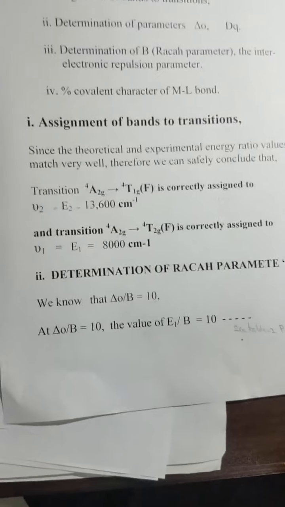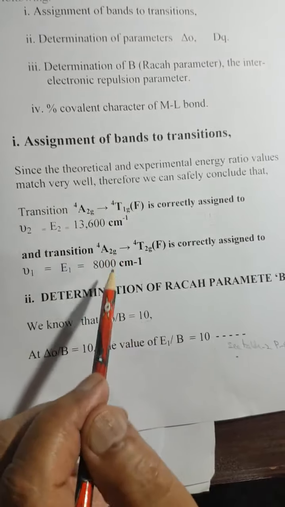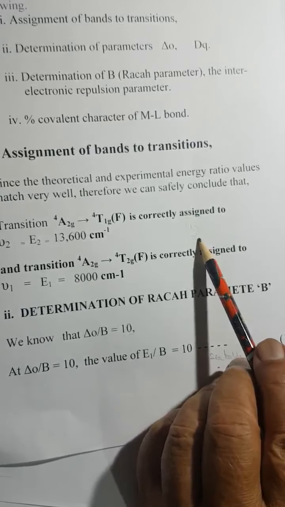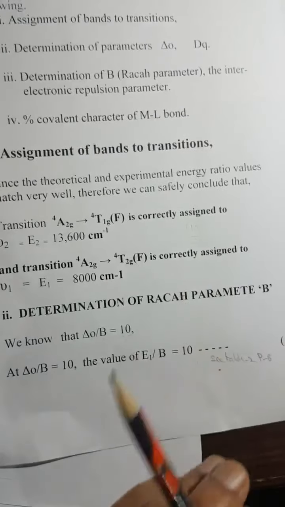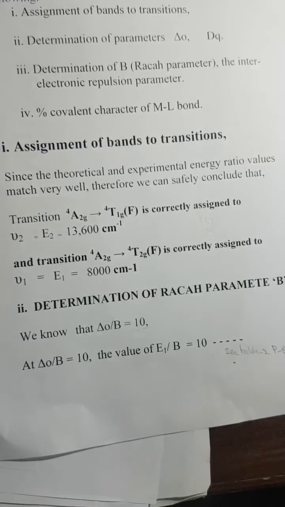In this case, the experimental value was E2 divided by E1, and the value comes to 1.7. For this value, we go to the table mu2.